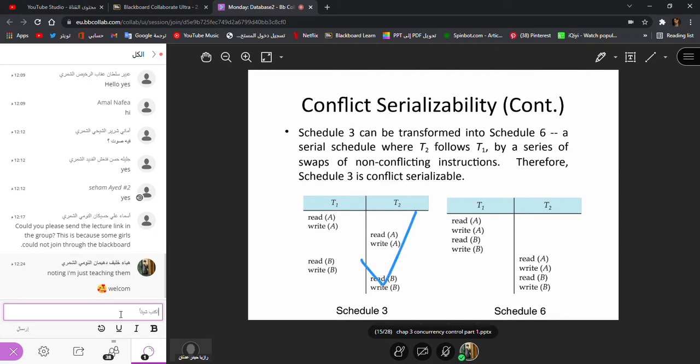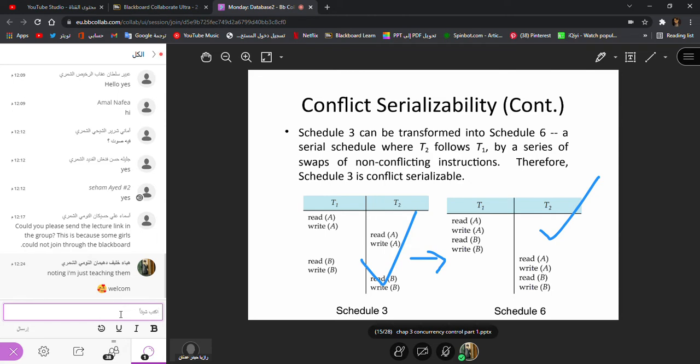This is a serial schedule. Serial, you remember, is one after the other. So this is not a serial schedule, but by swapping or changing the position of these non-conflicting instructions, if we can convert it into a serial one like this, then it is conflict serializable, right?